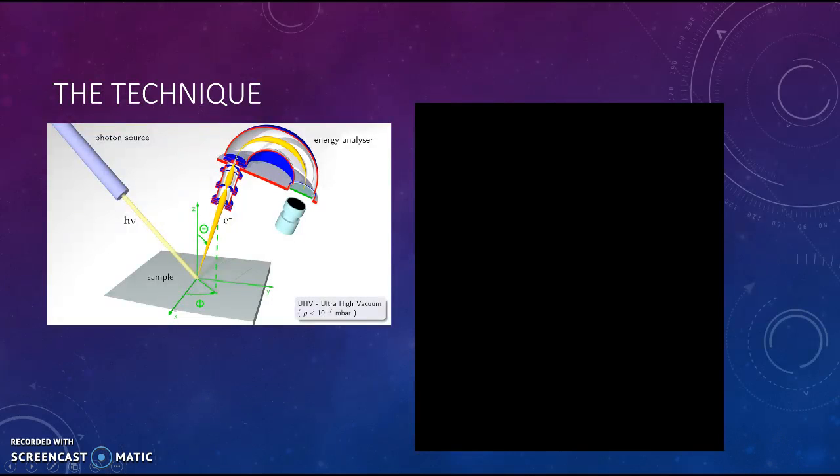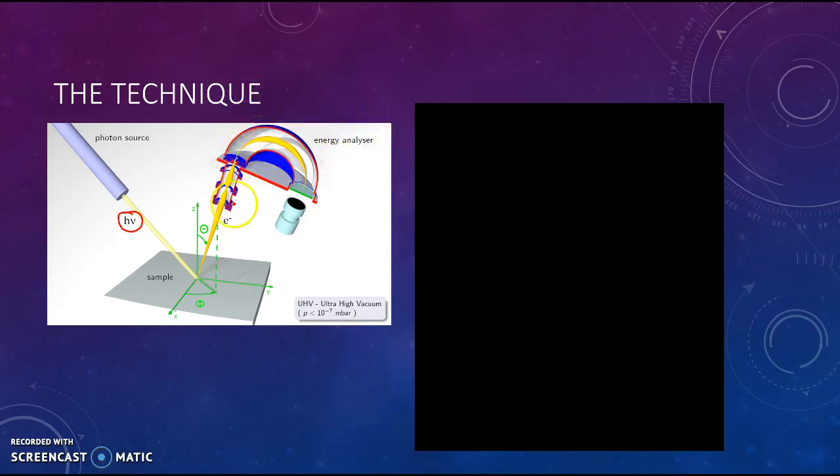So the technique that we're talking about is shown over here. There's a photon source, and there's our friend h nu. The photon source is going to shoot a certain frequency of light at some sample, and if it's above a certain frequency, the sample is going to eject an electron, and it's going to go through, I love this term, the energy analyzer.